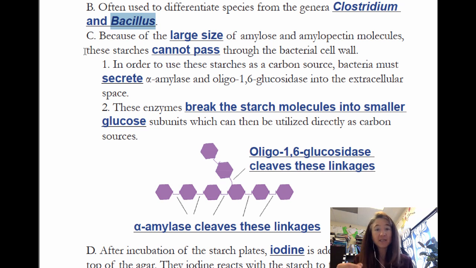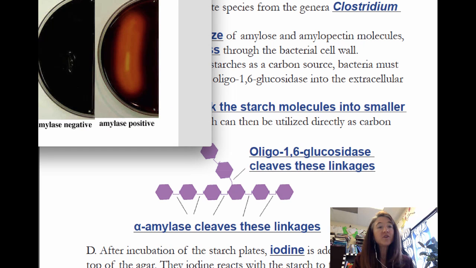Now, what happens in this agar is that there is a lot of starch, obviously, but we also have to have a color indicator of some sort so that we can see the halo in the region where these organisms have secreted the enzyme to degrade the starches. In order to create that halo, we put iodine onto the agar.